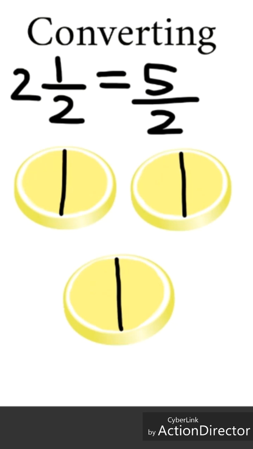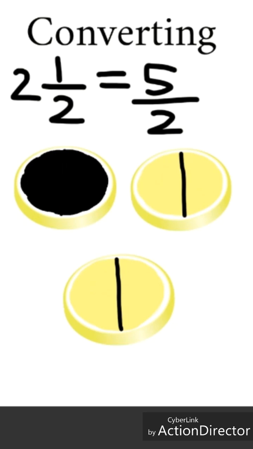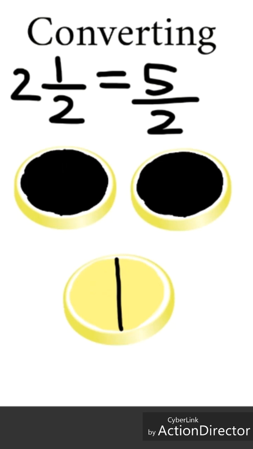And so if we think about eating the pizzas, not literally, just in the picture, you ate 2 wholes, so 1, 2, and then 1 half. You ate 2 wholes, and then you were not feeling that well, so you just ate a half.